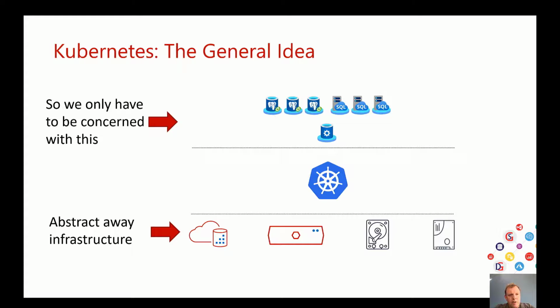The general idea of Kubernetes is to abstract away infrastructure. The guys that invented this, you've got Brendan Burns at Microsoft and Joe Beda at VMware. At the time, they worked for Google and they wanted to give people outside of Google a Google-like development experience.